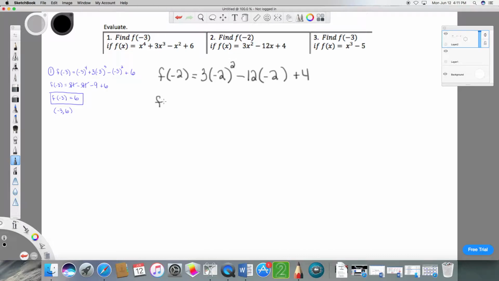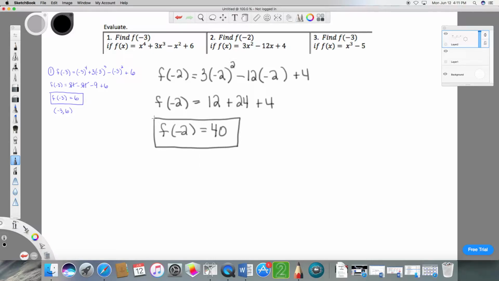So f evaluated at -2 is equal to, well, this first term is just 12. And the second term is 24, and then plus 4. So if I'm doing my arithmetic correctly, 12 plus 24 is 36, and 36 plus 4 is 40.